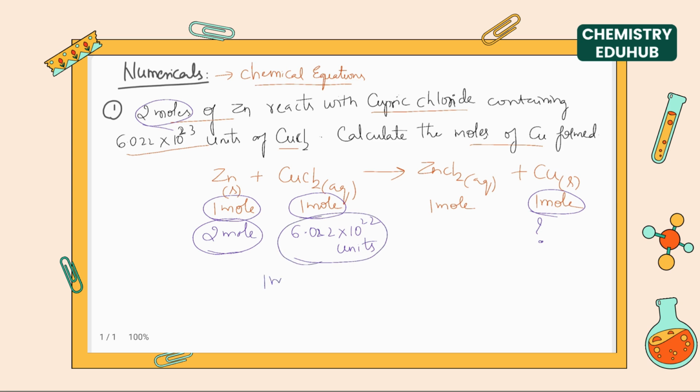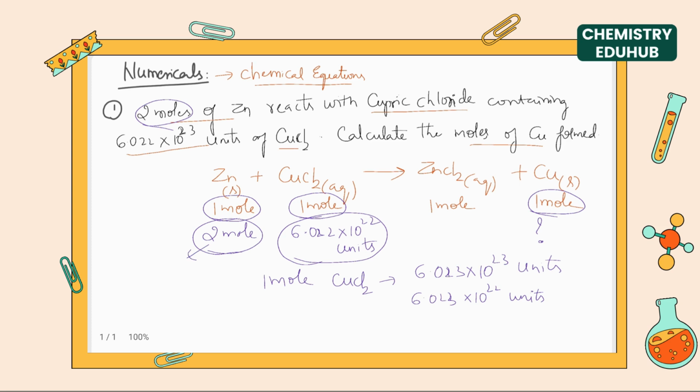So we are taking excess amount of zinc and 6.022 into 10 power 22 units. In 1 mole of CuCl2 there will be 6.022 into 10 power 23 units, whereas in the question we are taking only 6.022 into 10 power 22 units. So we are taking 10 times lesser.